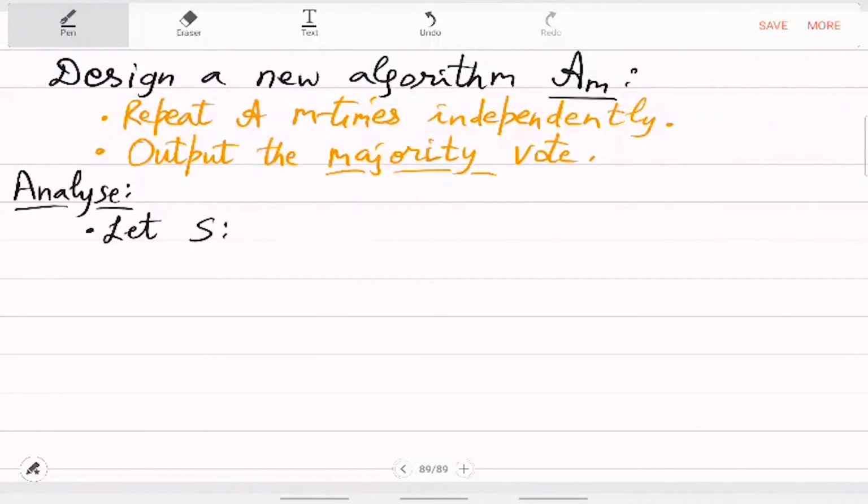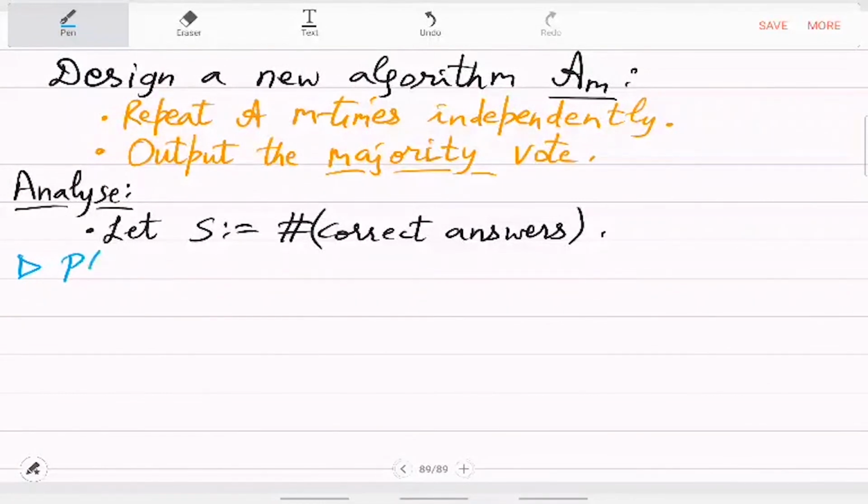So, let S be the number of correct answers. Now, the probability that AM errs on input X, that will be when S, that is the number of correct answers, is less than half.